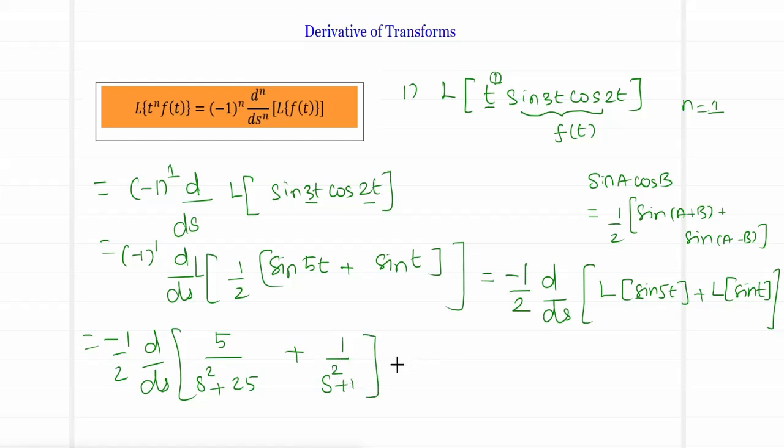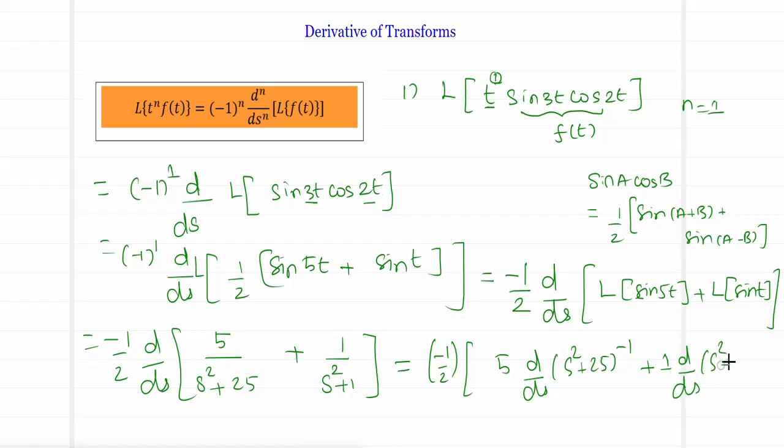Now what happens next is, I will have to differentiate this quantity. On differentiation, this gives me minus 1 by 2 into, you can take this 5 to the numerator, d by ds of (s squared plus 25) to the power minus 1, plus 1 into d by ds of (s squared plus 1) to the power minus 1.